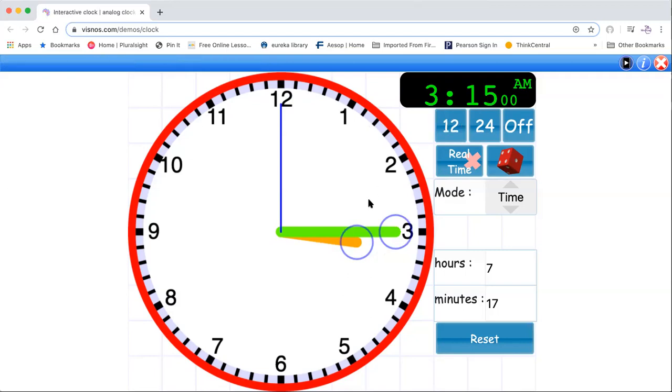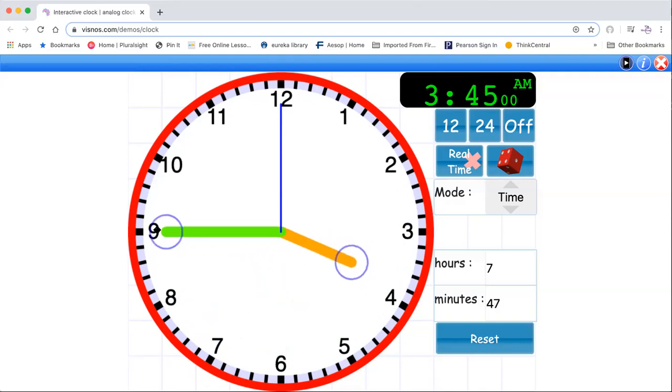We can move this around so that our minute hand is now pointing to the 9. My hour hand is still in that 3 area, so would we say it is 3:9? No, we're going to go back and count 5, 10, 15, 20, 25, 30, 35, 40, 45.